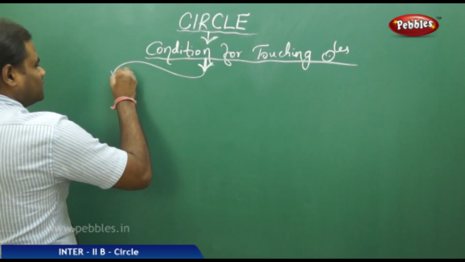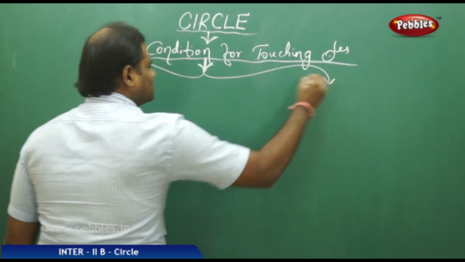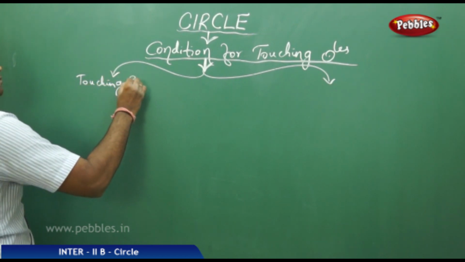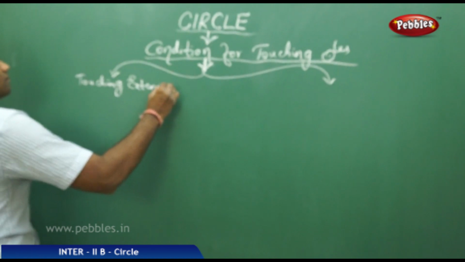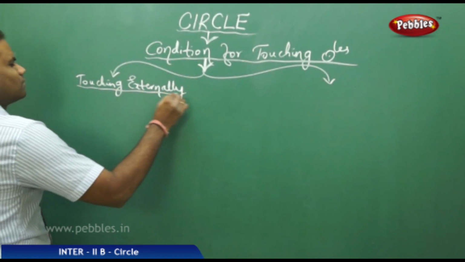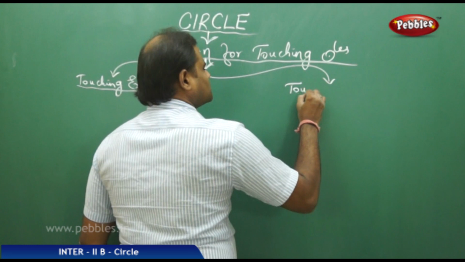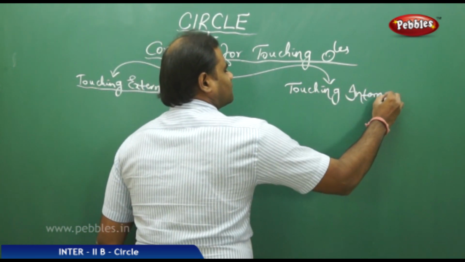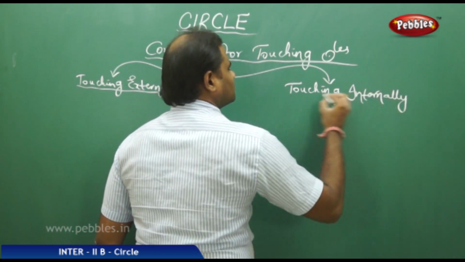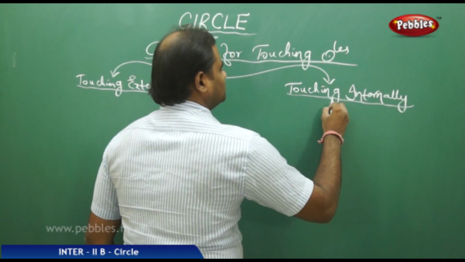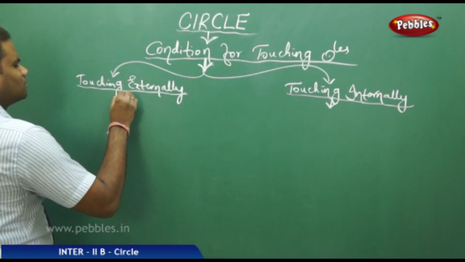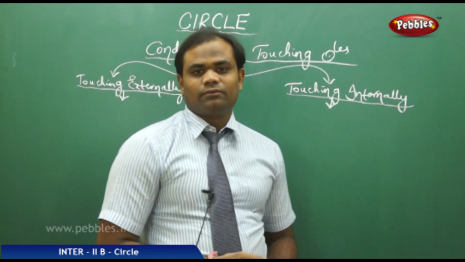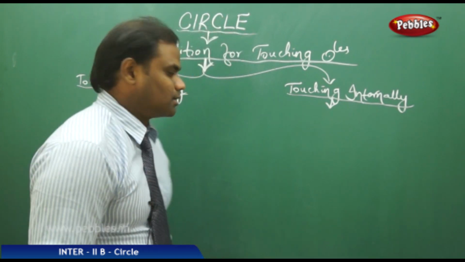So if I have the two cases, this touching externally and this touching internally, then with these two cases, let's see how we can derive the conditions for touching circles.